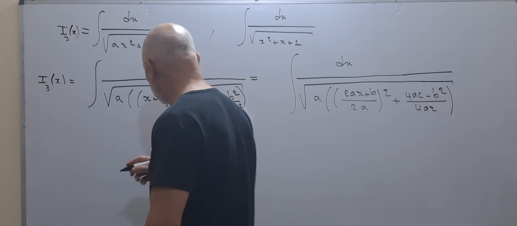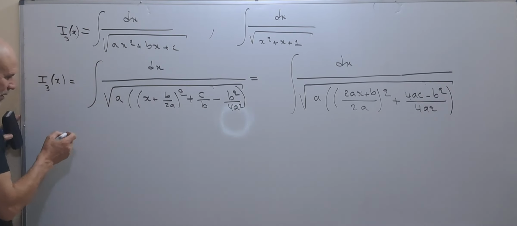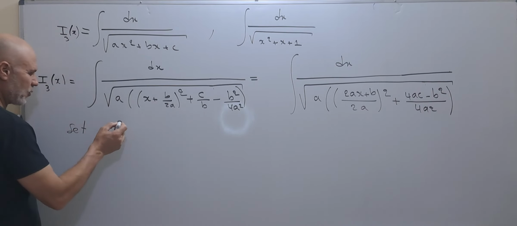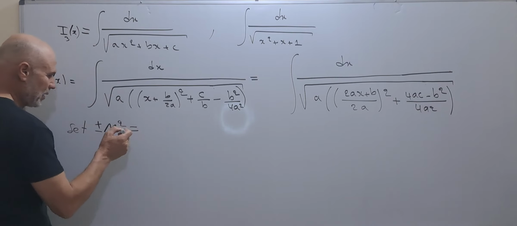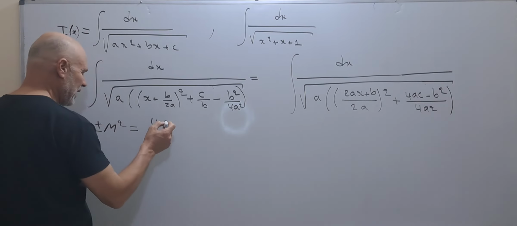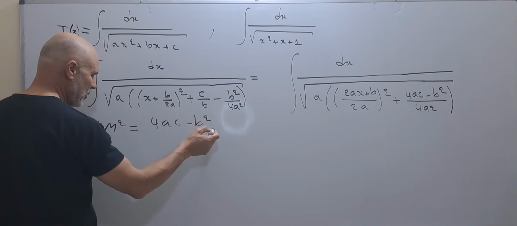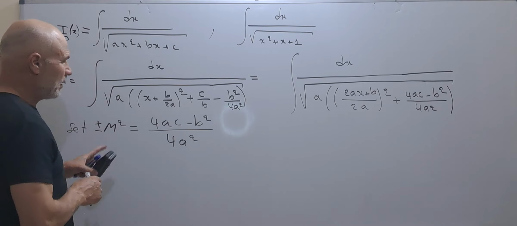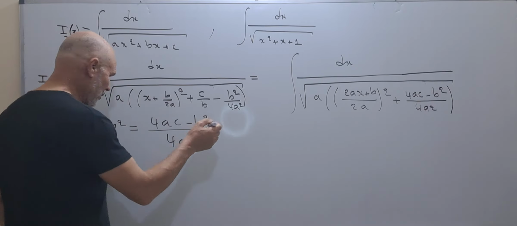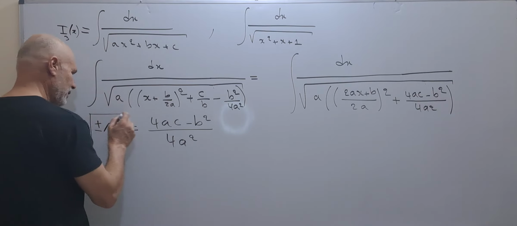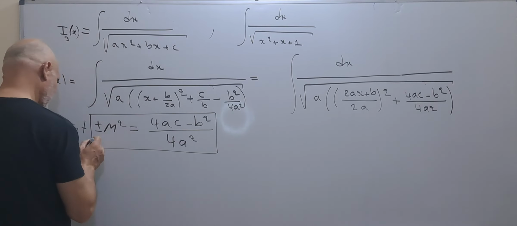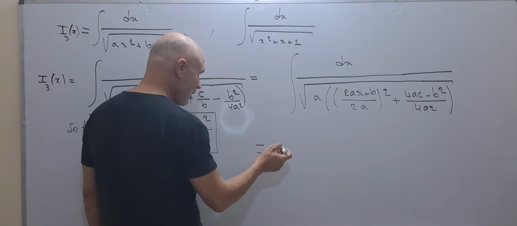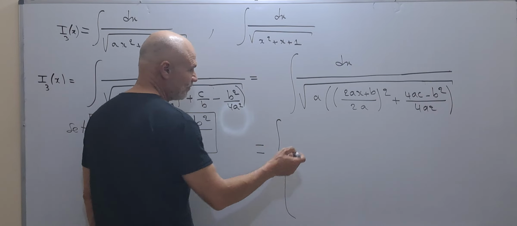So let us set m squared, plus or minus, equal to 4ac minus b squared over 4a squared. And the integral takes the form with this symbol. The integral takes these two cases.